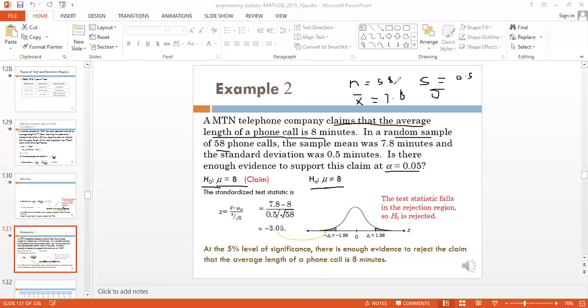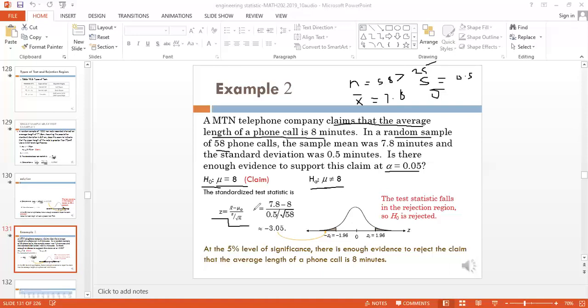Of course this sample size is far greater than 25. So by CLT we can use the normal distribution, using the Z score statistic.